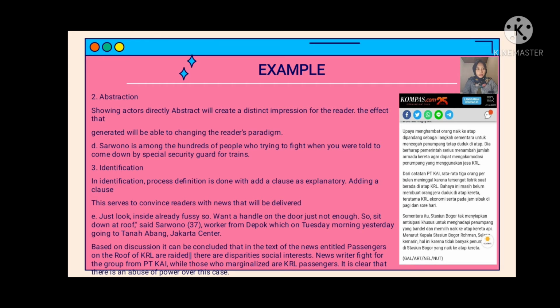News writers fight for the group from PT KAI, while those who are marginalized are KRL passengers. It is clear that there is an abuse of power over this.